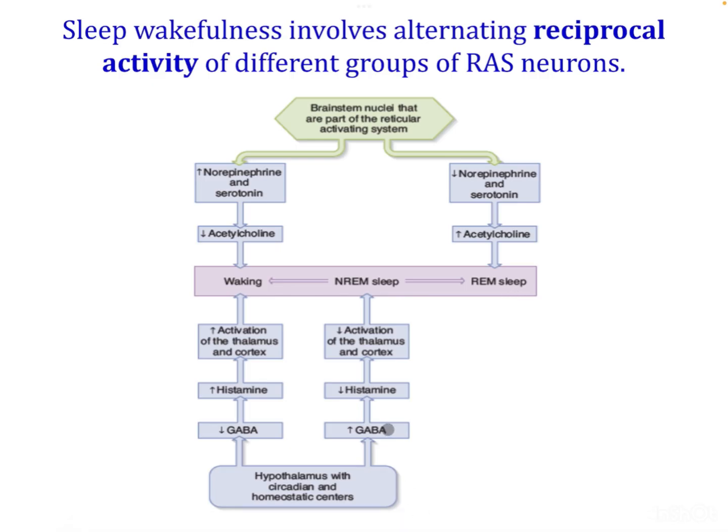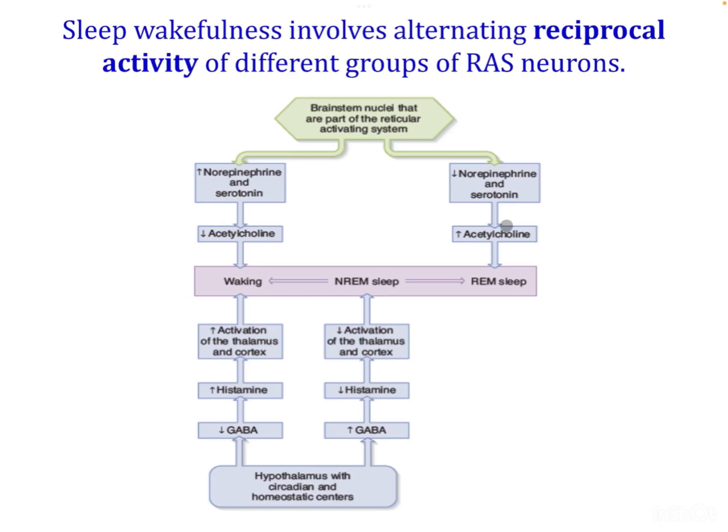In addition, an increase in GABA release with reduced release of histamine increases the likelihood of non-rapid eye movement sleep via deactivation of the thalamus and cortex. Wakefulness occurs when GABA release is reduced and histamine release is increased.